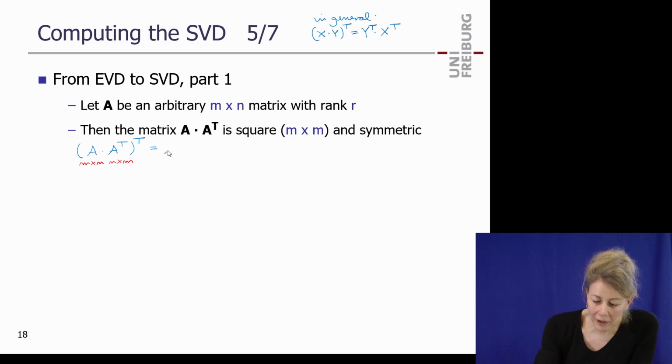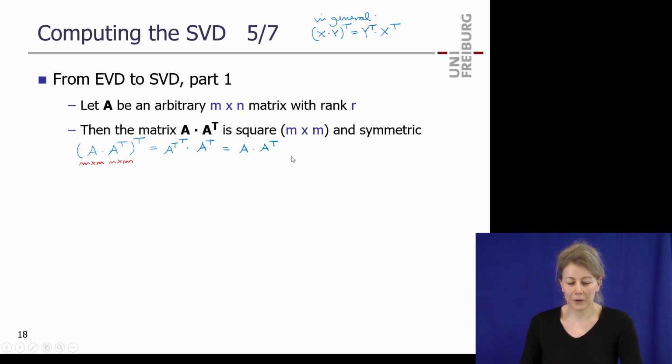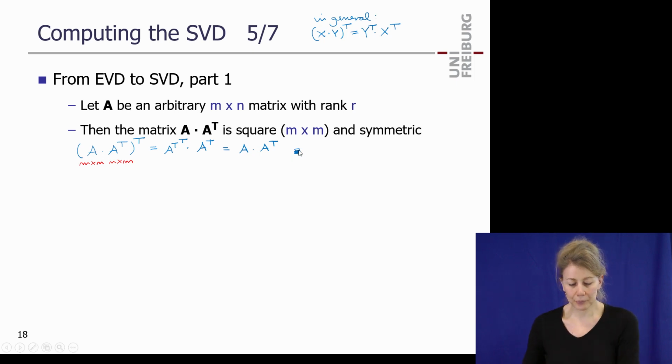So here I have A transpose transpose times A transpose, and A transpose transpose is just the original matrix A. So you change the order and take the transpose, and you get A times A transpose. So yeah, symmetric.